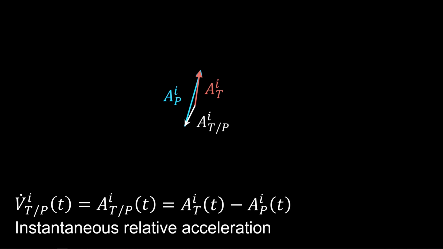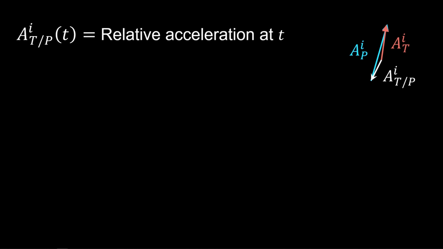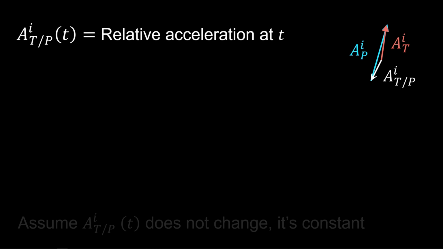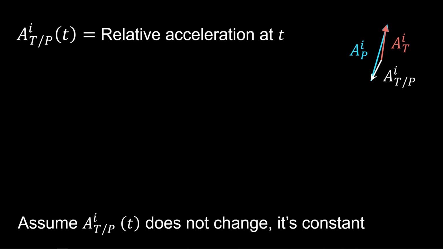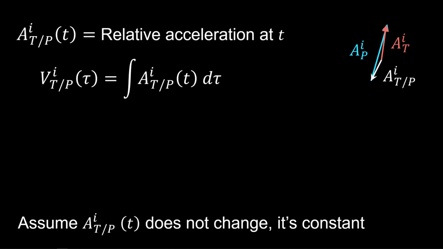Starting with this instantaneous relative acceleration, and assuming for the moment that it does not change going forward in time, we will integrate relative acceleration with respect to the placeholder variable tau to get relative velocity as a function of the elapsed time going forward, tau. This is simply relative acceleration times tau plus the constant of integration, which is just present relative velocity.